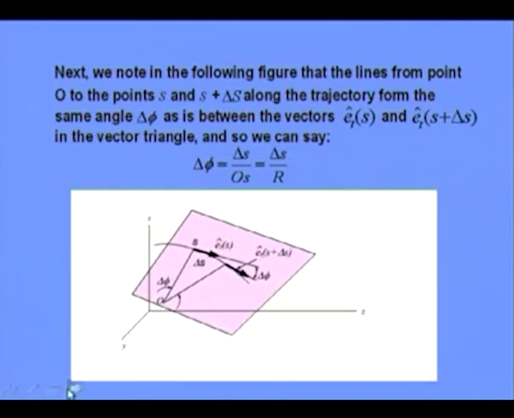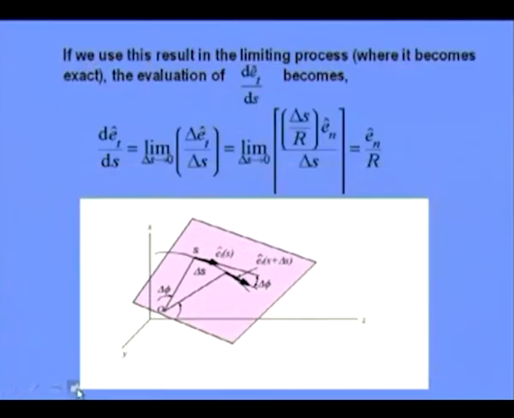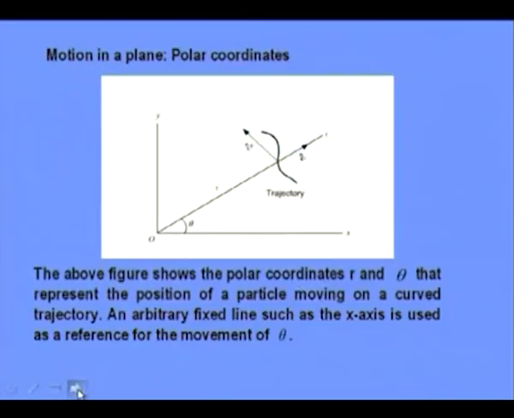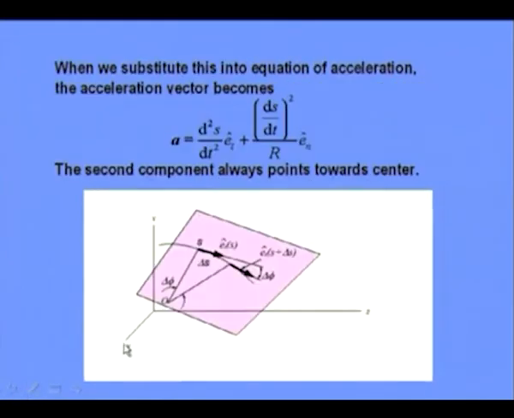Here we have finally established this equation: d square s by dt square et. If you know s as a function of time, it is very easy to differentiate this and tell that this is the tangential component. Similarly, this is ds by dt whole square. This component can also be found, if you know the radius of curvature, you can find out the other component.